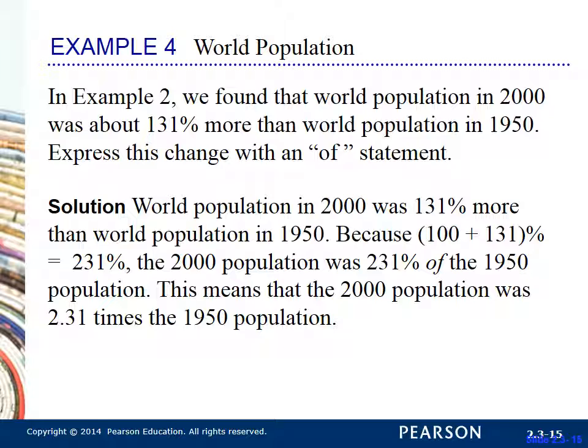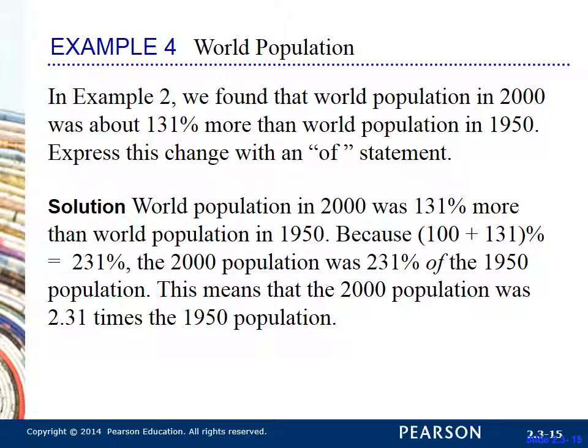So I got a bunch of percents going on here, so let's take a look at that again. Remember, we got the 131% by comparing it to the world population in 1950. But going forward, I do 100 plus that 131% because it increased. The percentage was 131% more than. So now I have to add 100 to the 131 to get 231% of the... I have to keep checking their vocabulary.